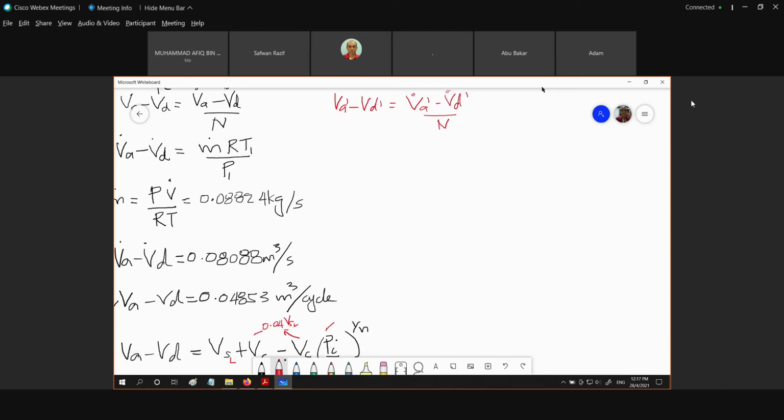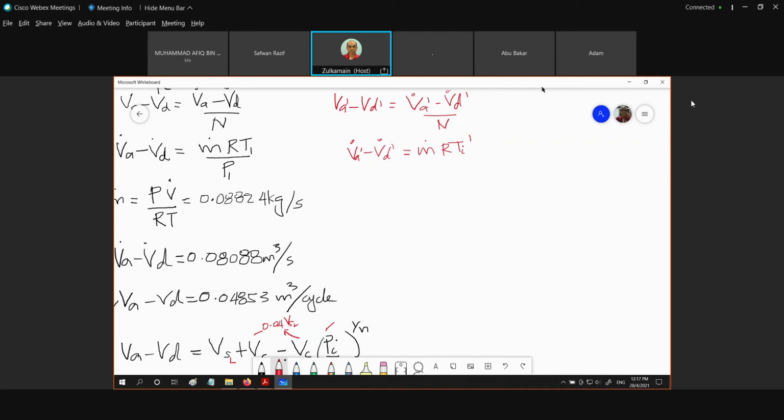Alright, so we are going to have the VA minus VD dot prime. This is equal to m dot R TI prime. This is the condition which is delivered into our induction stroke or the induction condition of our high pressure compressor.